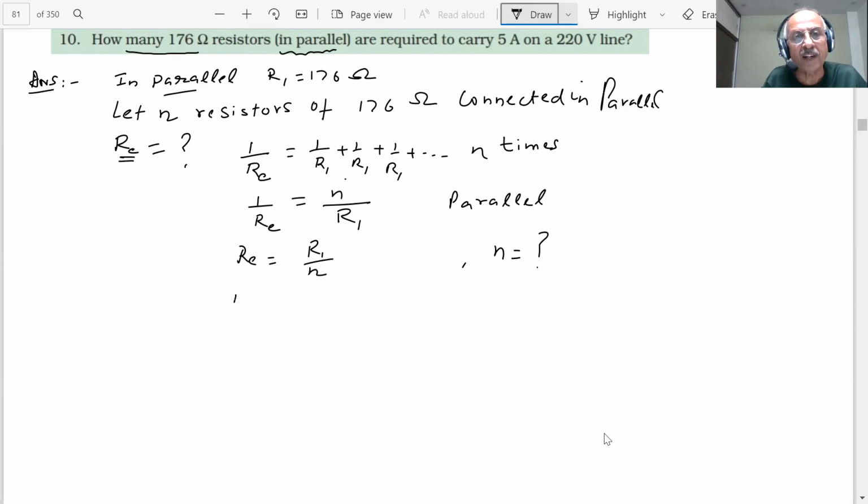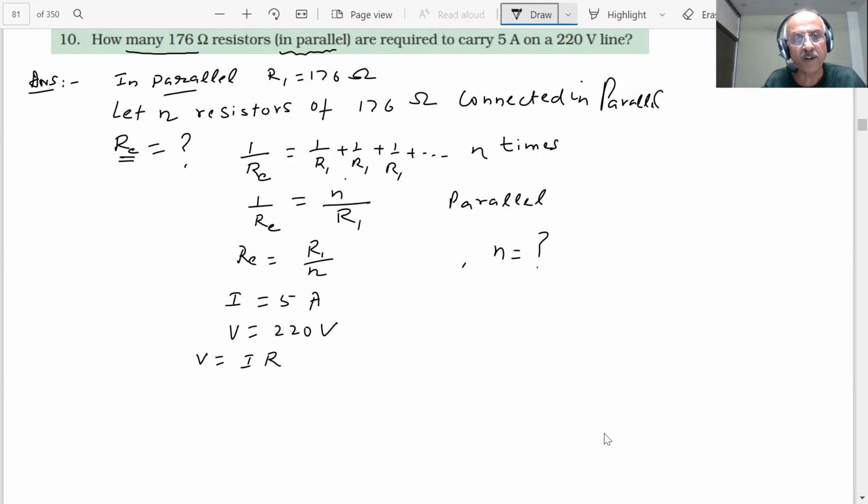What is the value of the current, student? 5 amperes. And what is the potential difference? 220 volt, student. Now you have 1 minute to answer the question, student. You can apply Ohm's law, student, and find the value of n.